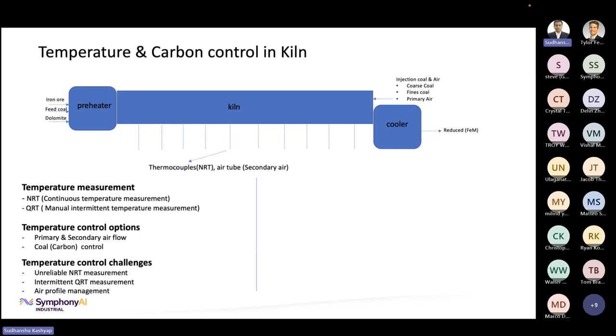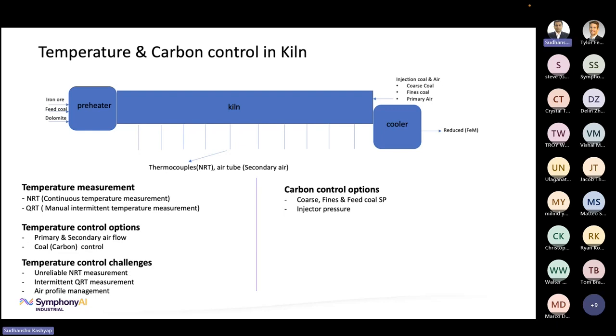That's why the QRT is taken, to understand the real temperature of different zones of the kiln. But again, QRT is not continuous; it is taken manually in an intermittent way. And of course, air profile management is another challenge here. We'll talk more about how AI could help with all these problems.